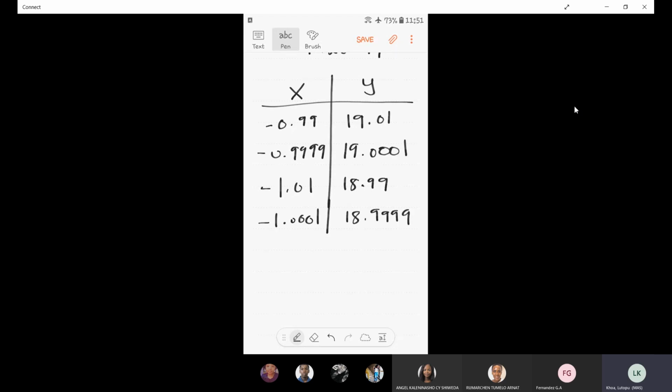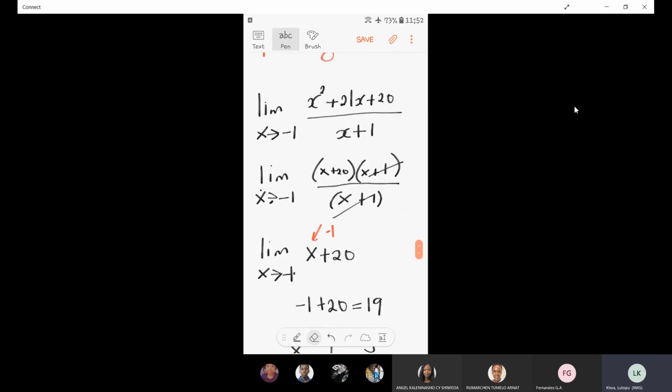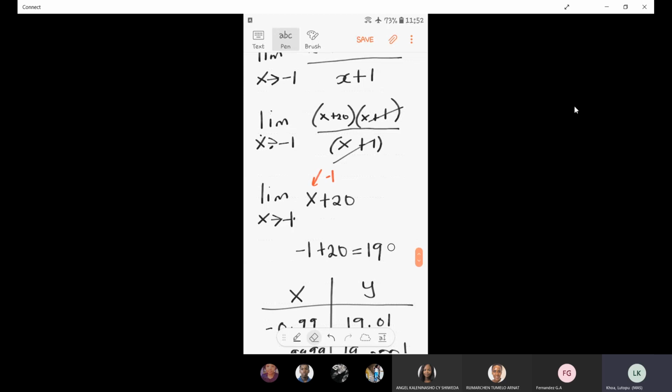So even here you can see that there is a pattern that when I'm approaching x equal to -1, from the left hand side or from the right hand side, these values are approaching 19. Same thing over there. And when we did the calculations without using a table, we can see that our limit is indeed 19.